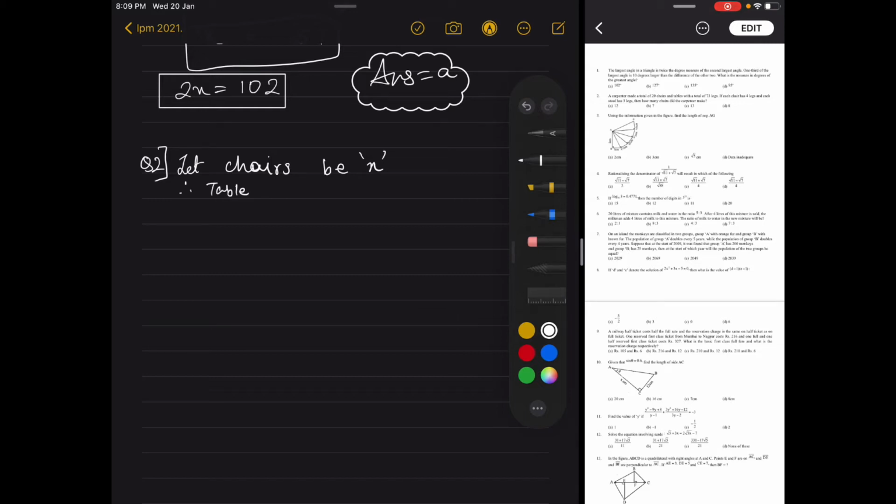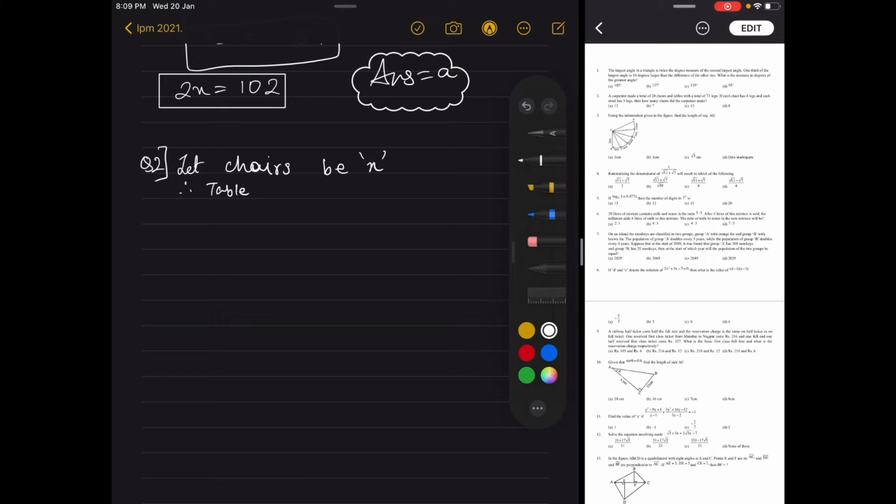Now you might be thinking these two are totally different things, how can we take them in one variable, right? But if you concentrate over here, they have said a total of 20 chairs and tables. So for example, if there are 3 chairs, how many tables would there be? 20 minus 3, right?